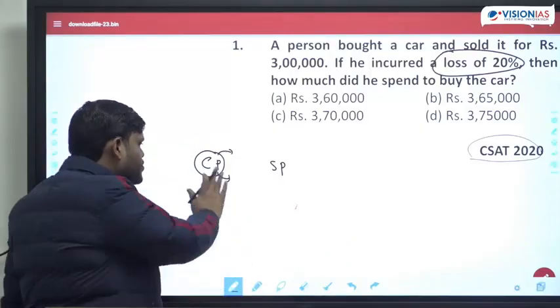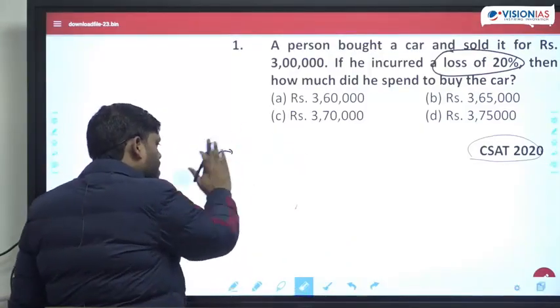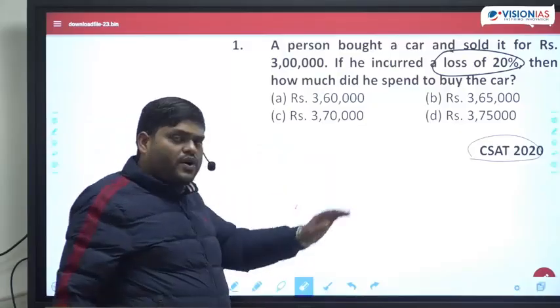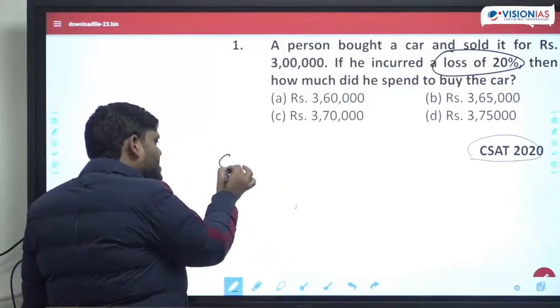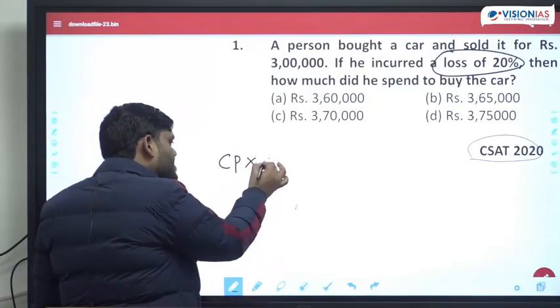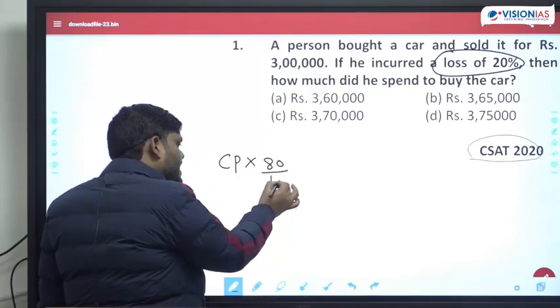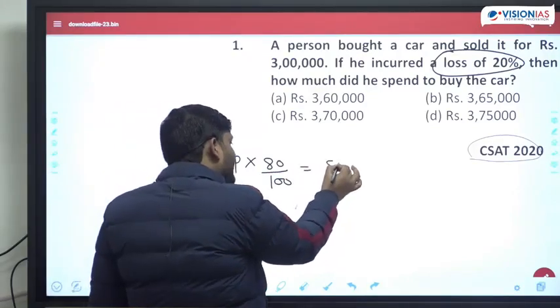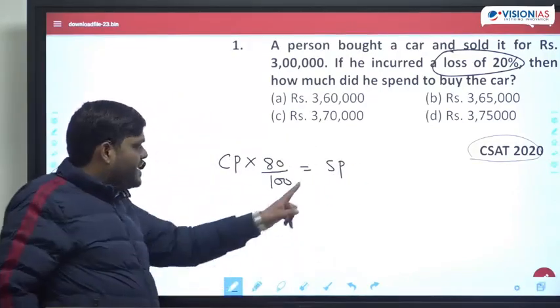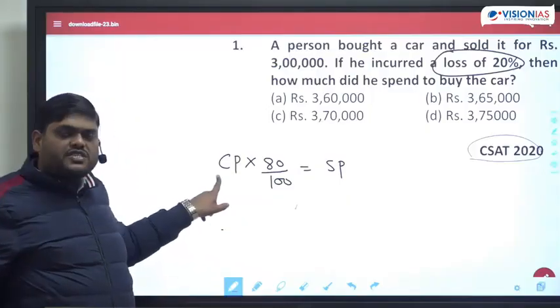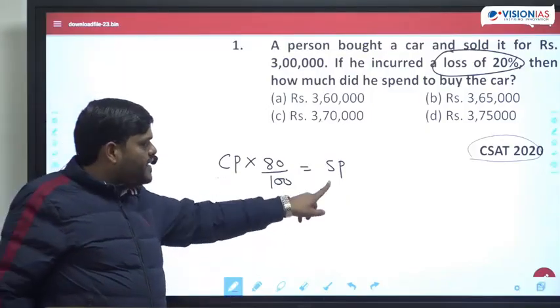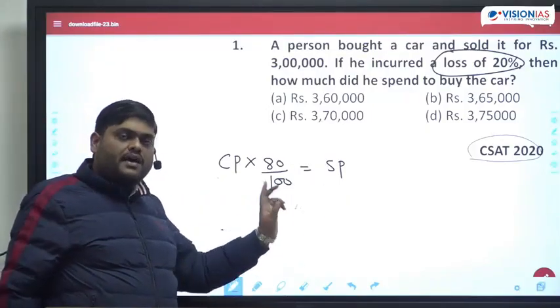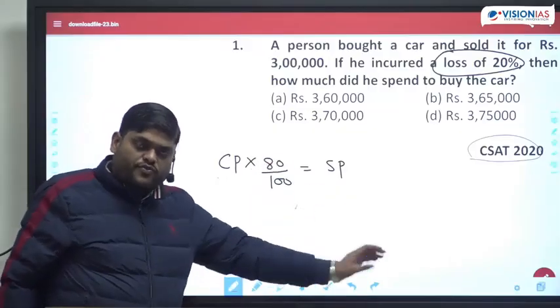So if there is a loss of 20%, that means CP is decreased by 20%, or I can say that the SP is 80% of CP. Why is SP 80% of CP? Because there is a loss of 20%.